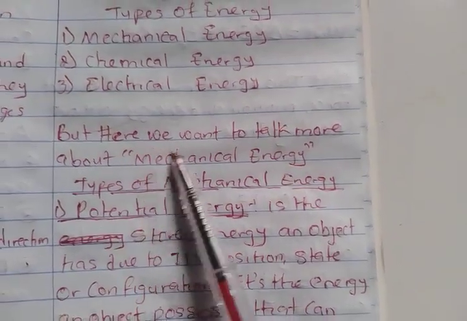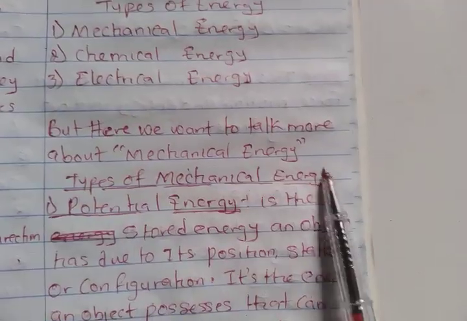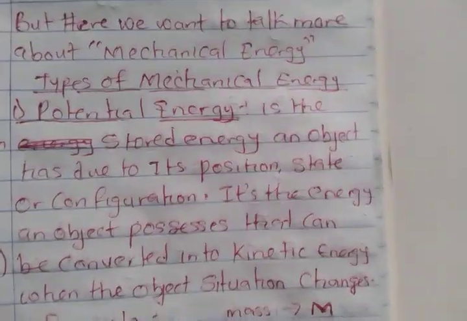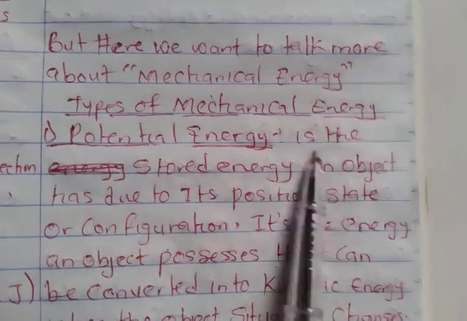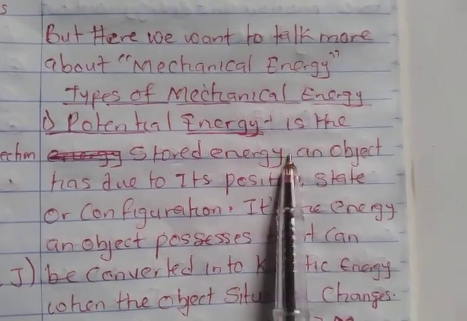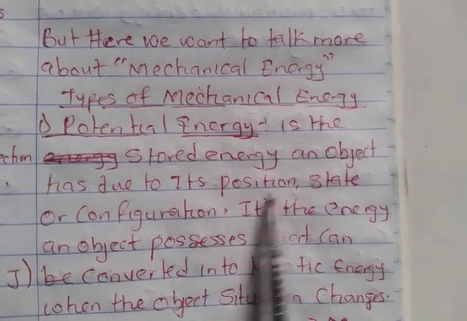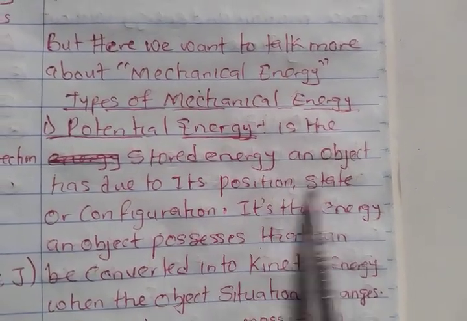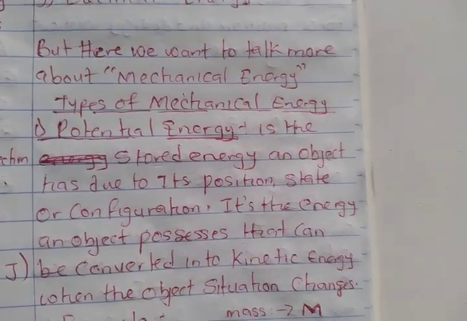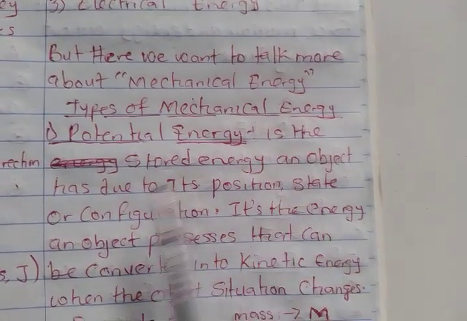Here we want to talk more about mechanical energy. The types of mechanical energy are potential energy and kinetic energy. Potential energy is the stored energy an object has due to its position, its state or its configuration.